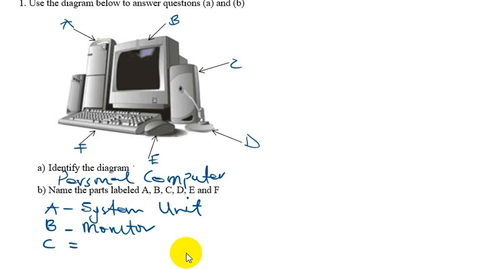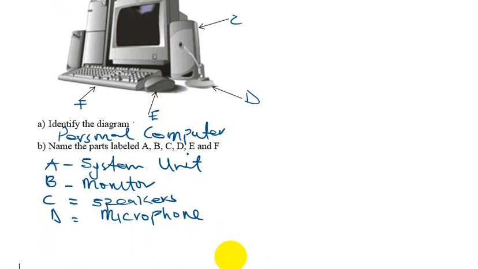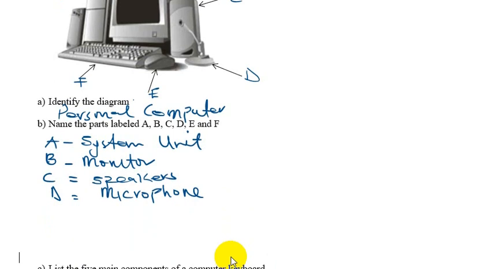We call it computer speakers, so you can write speaker. D is a microphone. E is a mouse, and F is our keyboard.